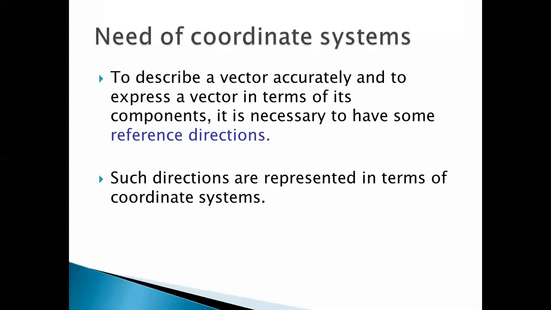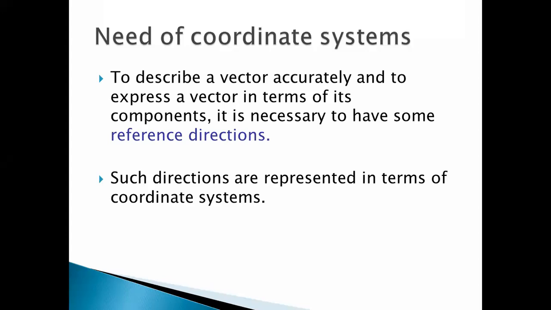When we put that vector in a space, we should know its coordinates, means what is the length of that vector along the x coordinate, y coordinate, and z coordinate, if we are considering it in a Cartesian coordinate system. But when we consider another coordinate system, we can also find its different components.